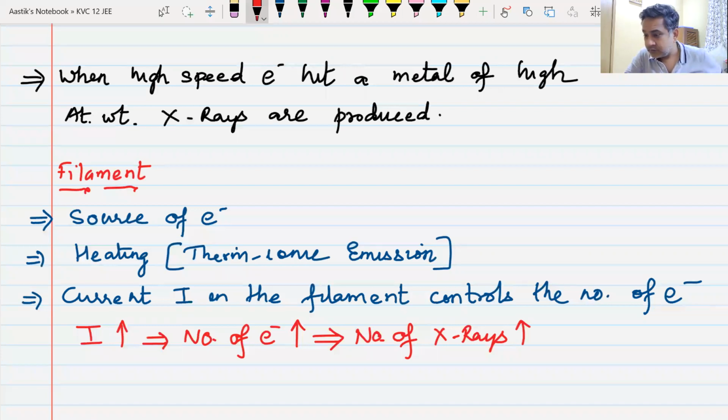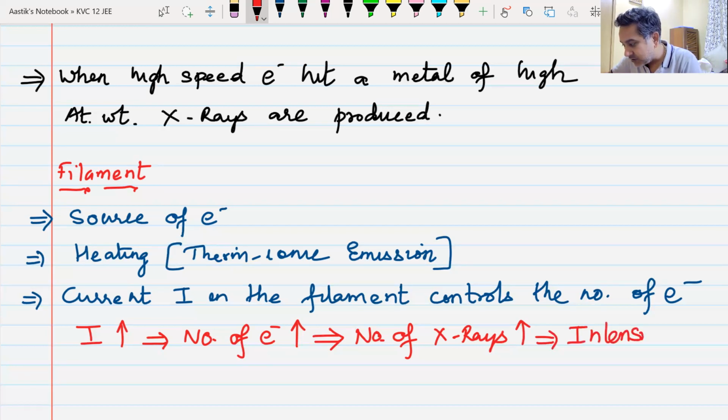Now, go back to the chapter on the photoelectric effect. If you have more photons or more X-rays being formed, what does it mean in terms of energy or power or intensity? Intensity. More intensity of any radiation means more radiation is coming out. That means this controls the intensity of X-rays.